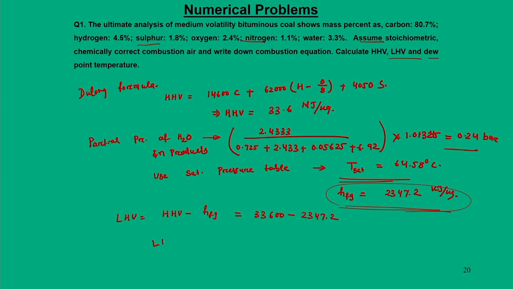This LHV is approximately 31.3 megajoule per kg. Since we require the dew point temperature, corresponding to the saturation temperature, we can call it DPT. So, the dew point temperature is 64.58 degrees centigrade. With this I conclude. Thank you for your attention.